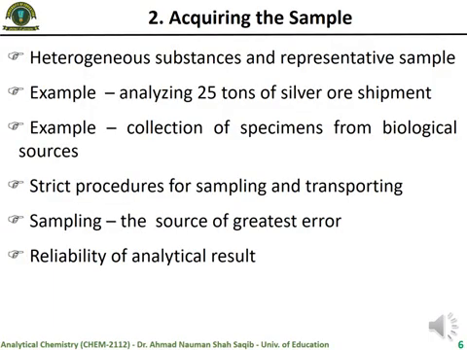The most errors in any quantitative analysis are because of wrong sampling from the bulk material. So you are not getting the proper representative sample and the results you are getting are not representative of the bulk sample.